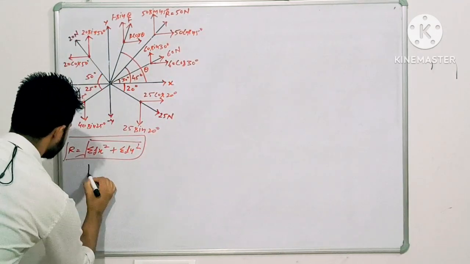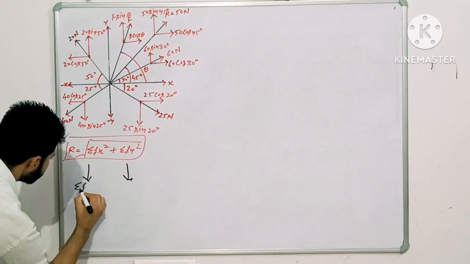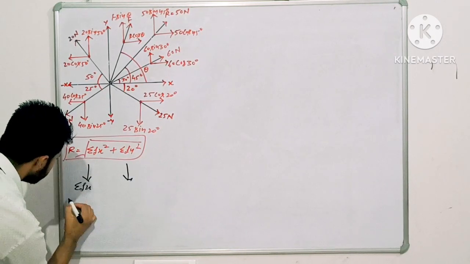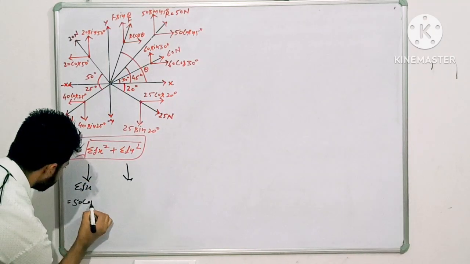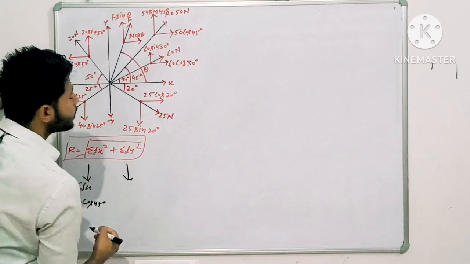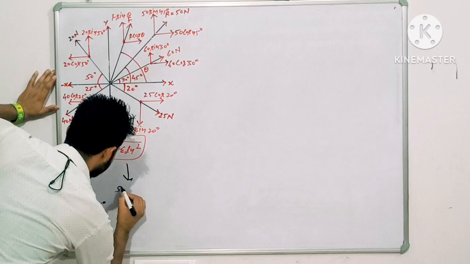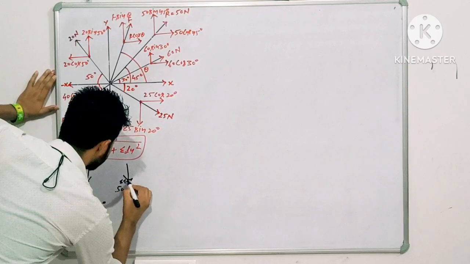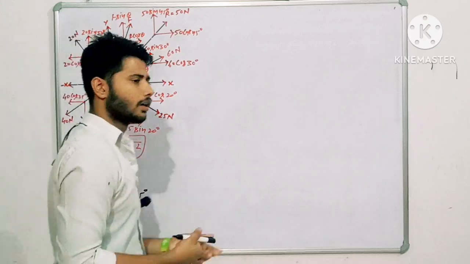So according to the resultant, the summation of Fx is equal to 50 cos 45 degrees, and the summation of the vertical forces has already been given, that is, summation of Fy is 50 sin 45 degrees.